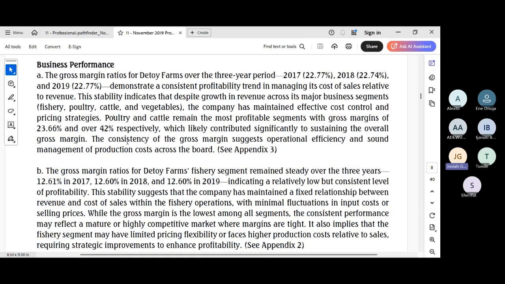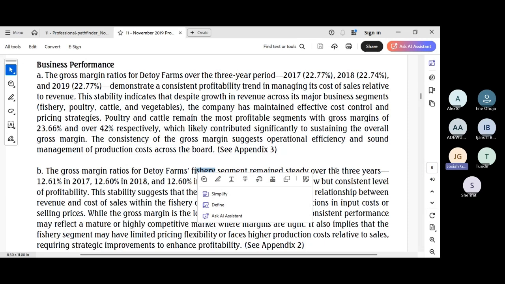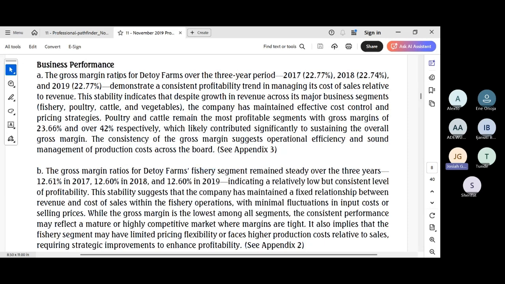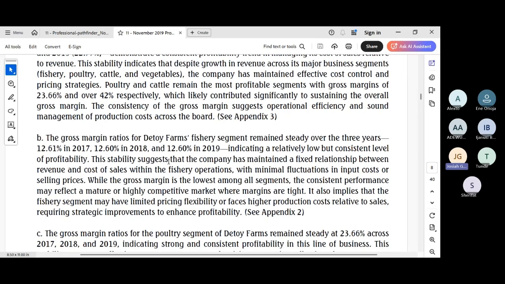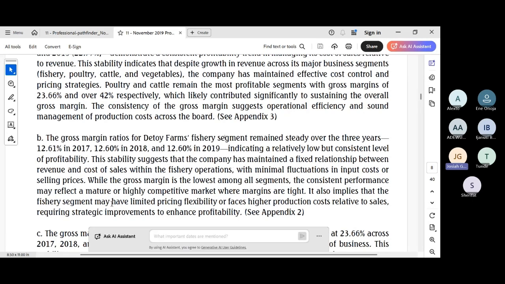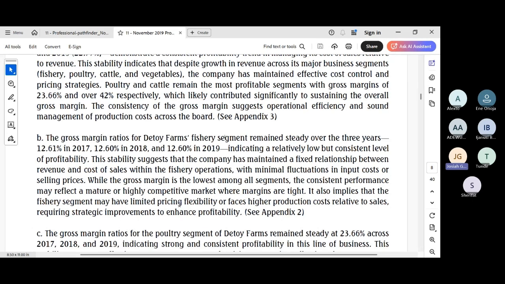Then the B also, we now start talking about each segment. You can see the fisheries segment. We said it remains stable over the years. The A part spoke about the general group, but the B part is now coming into sections. This is the fisheries segment. And we said the fisheries segment may have limited pricing flexibility or faces higher production costs relative to sales, and it requires strategic improvement to enhance profitability.